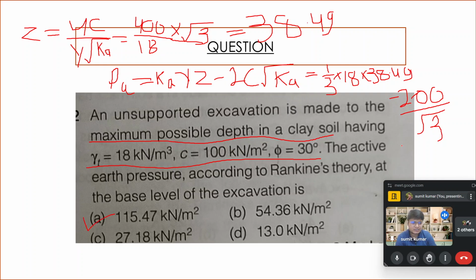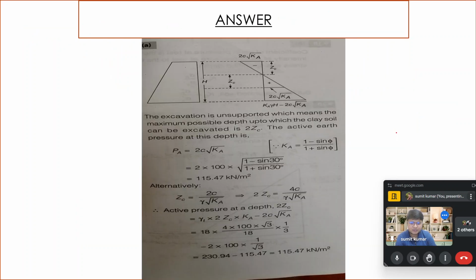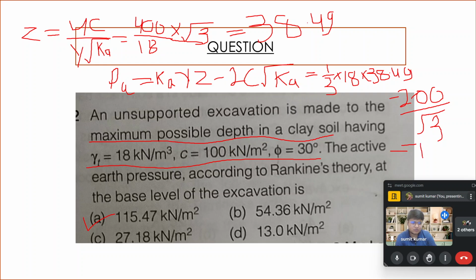We are going to get the answer as 115.47. So this is going to be our correct answer.